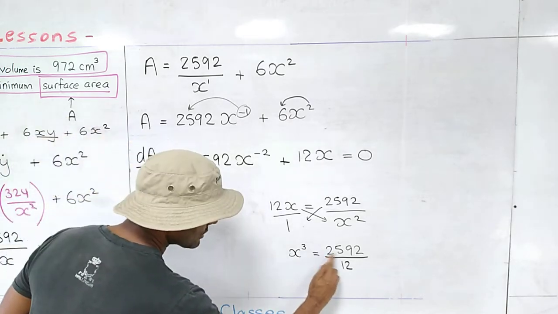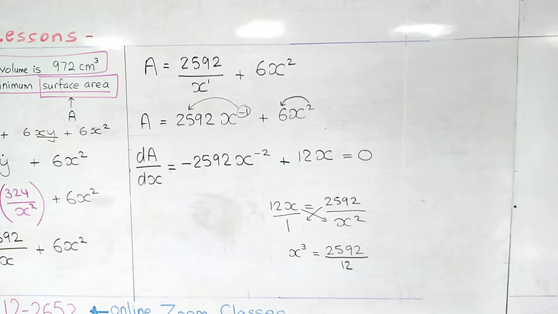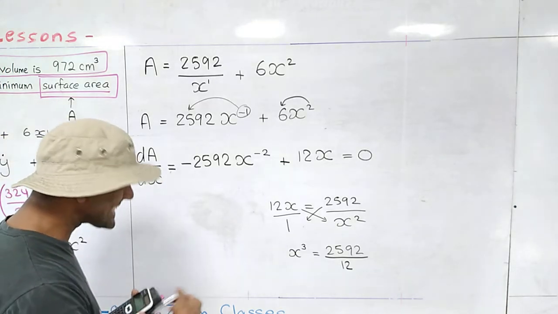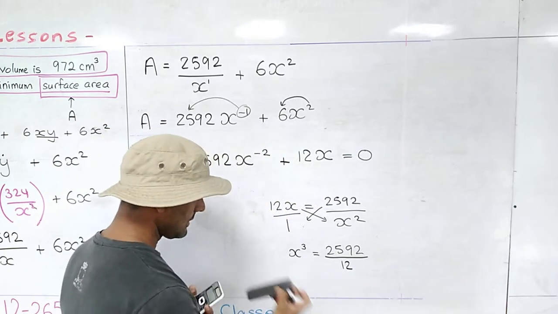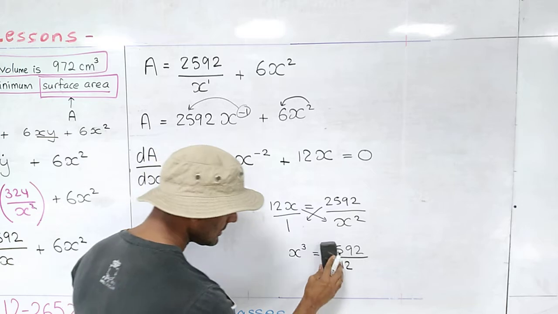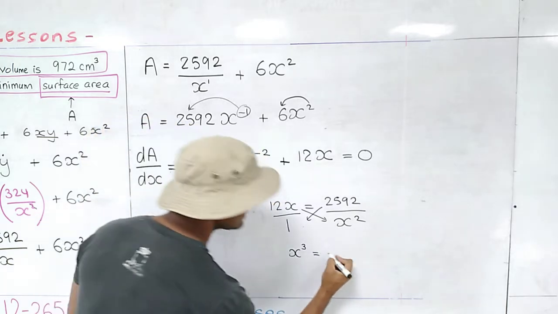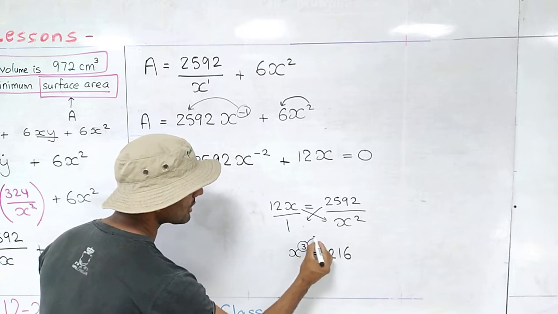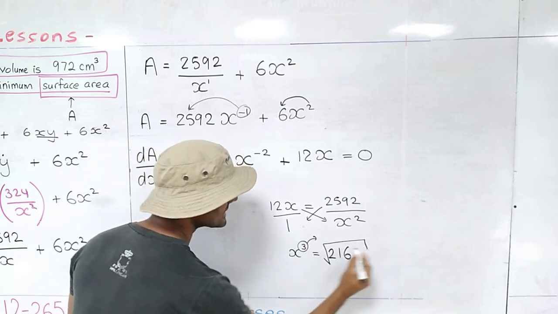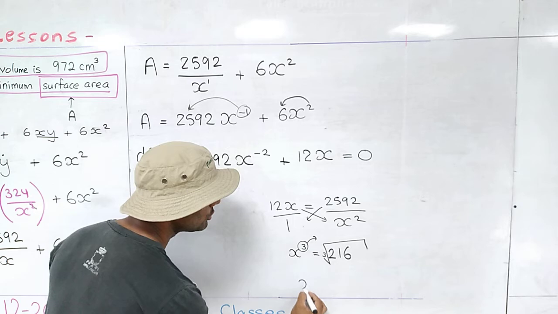Let's divide this. 2592 divided by 12. Let's see. Oh wait. We get 216. Right? So, when you divide these two, you get 216. And now you throw across the cube, and the opposite of cube is cube root.